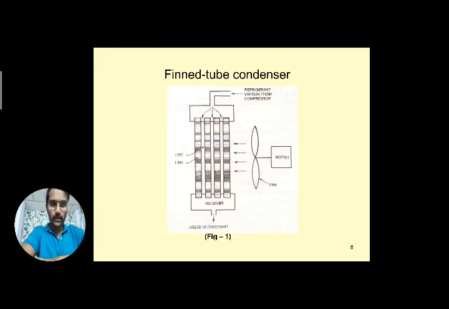Just look at the diagram to see what components are involved. From the top, the refrigerant vapor comes from the compressor and enters through a tubing section, where it accumulates at the top and is then distributed into the different pipes. You can see the lines around those pipes, and those are the fins.